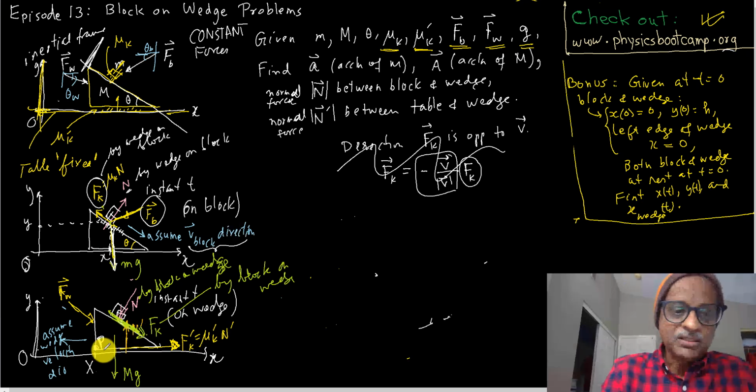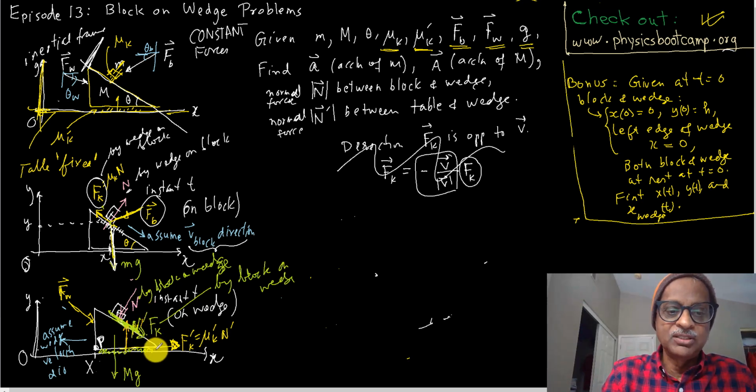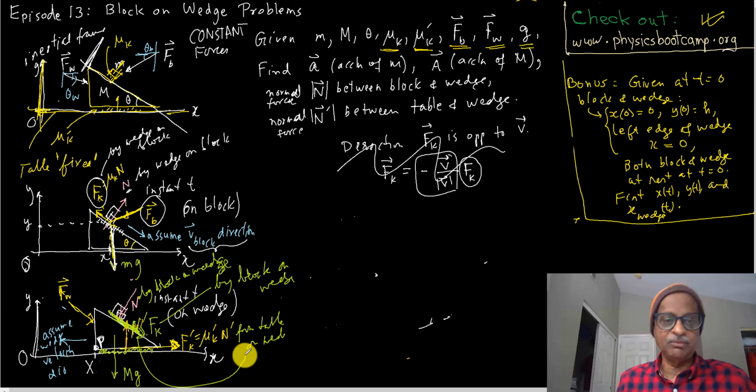There is an additional surface here. So there's a normal force here. I'm going to write n prime for that, and that's from the table on the wedge, and the same thing is from the table on the wedge for that n prime.